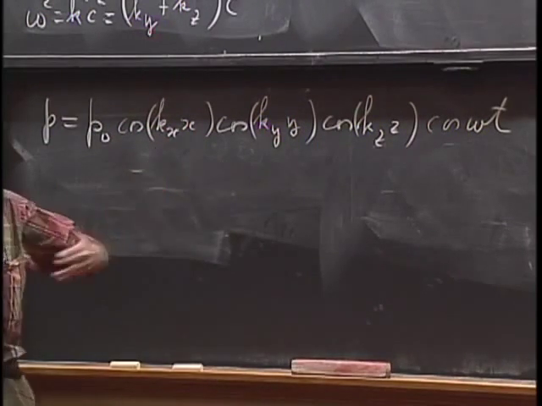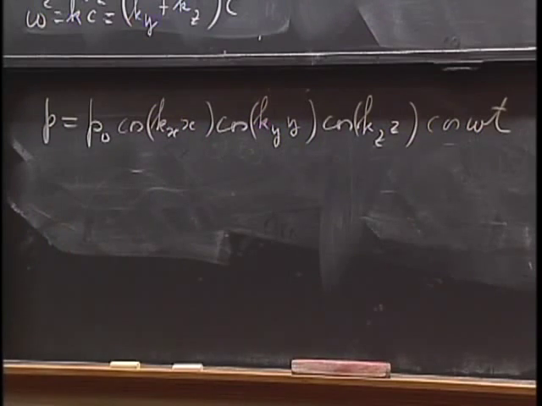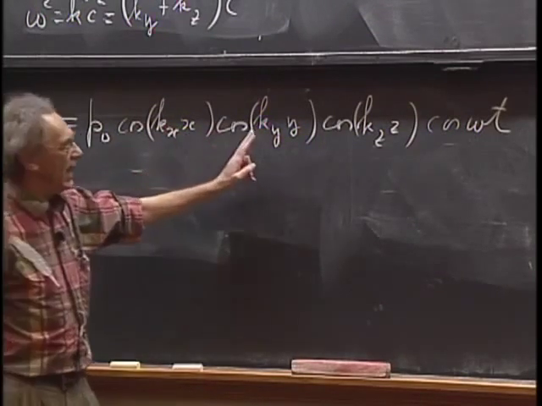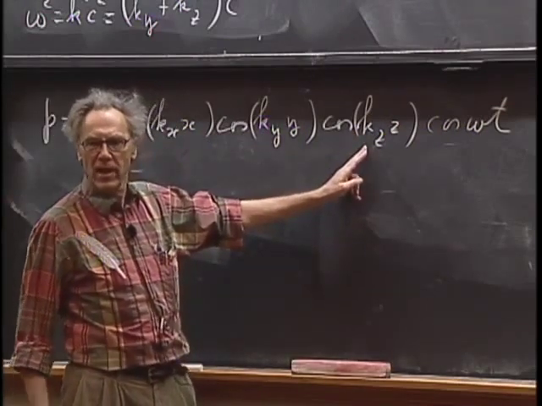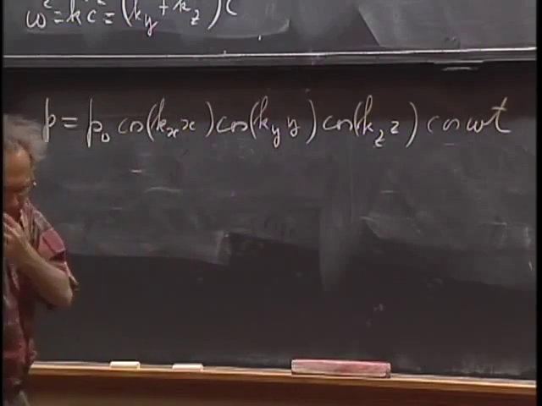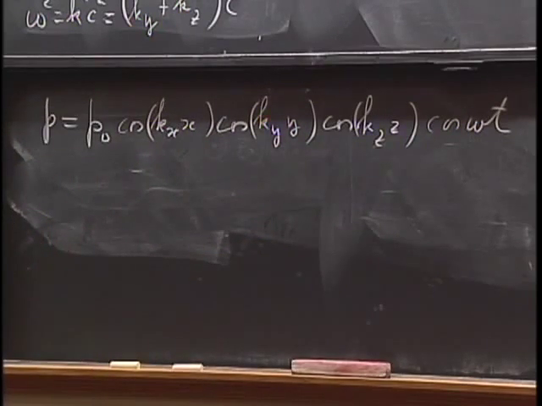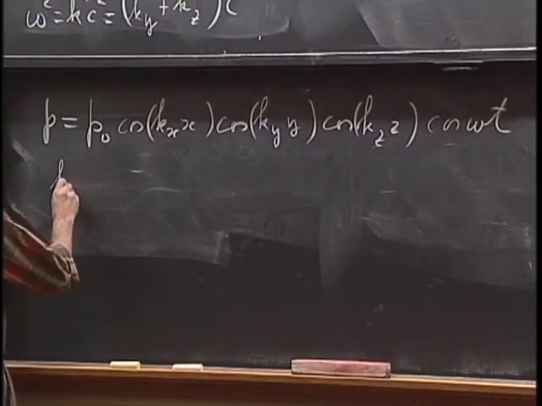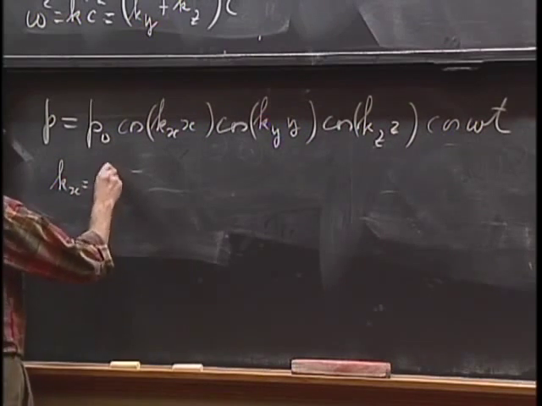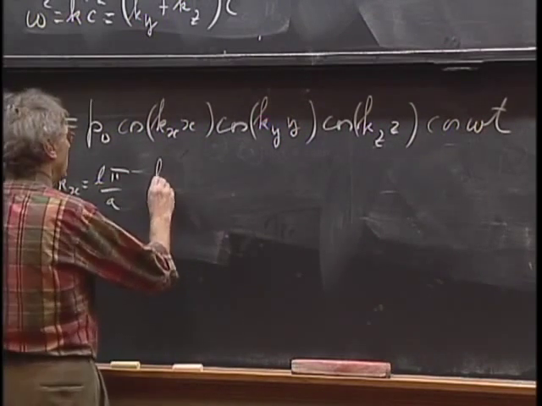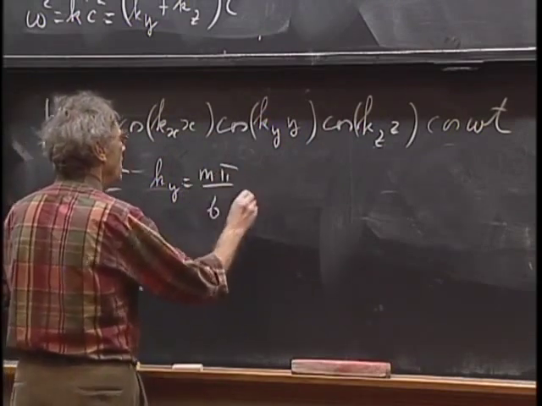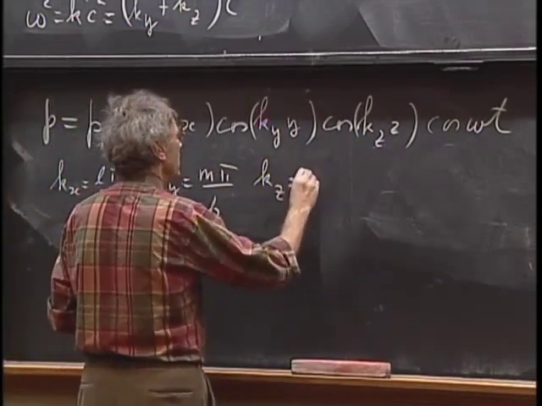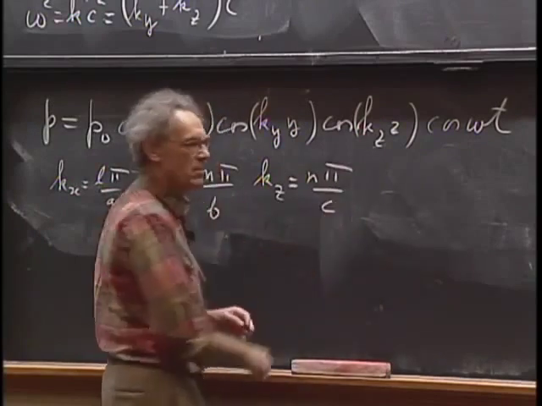And so now, in complete analogy with what I wrote on the blackboard there, I must have pressure antinodes at x equals 0 and at x equals a, at y equals 0 and y equals b, at z equals 0 and z equals c. And so now my boundary conditions require that kx is L pi over a, that ky equals M pi over b, and that kz is N pi over c.